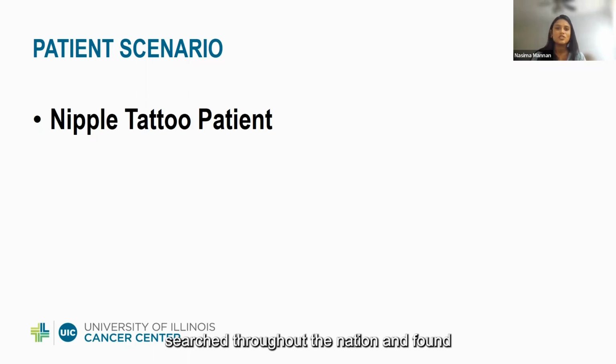She searched throughout the nation and found two organizations that could help this patient get her nipple tattoos, and she didn't have to pay. She connected the patient with one of the organizations. A few weeks later, the patient text messaged the navigator and said, I got my tattoos and they look really good.